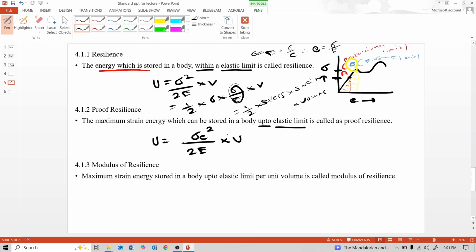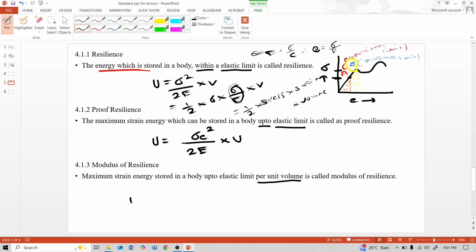Next definition is modulus of resilience. Modulus of resilience is nothing but the maximum strain energy stored in a body up to elastic limit per unit volume. Here the term per unit volume comes in: the maximum strain energy stored in a body up to elastic limit is the proof resilience, so proof resilience per unit volume is modulus of resilience.